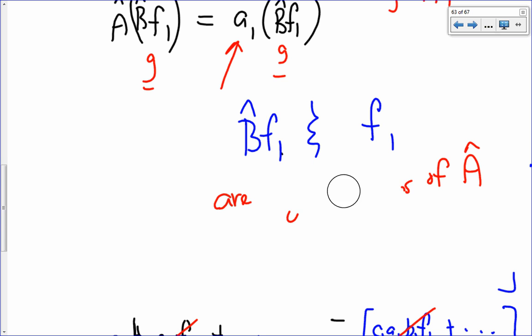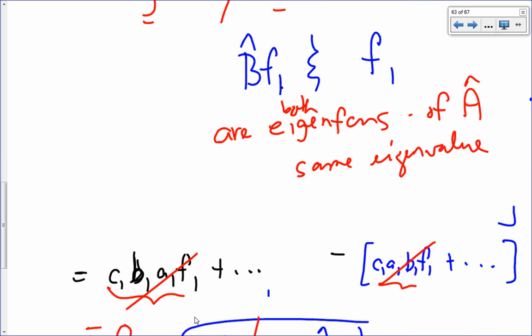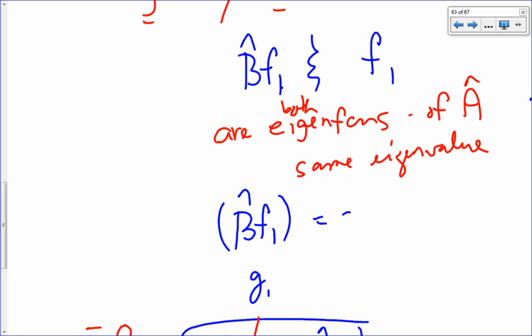Let's just say they're both eigenfunctions of A with the same eigenvalue. But what did we prove last time about Hermitian operators? Non-degenerate eigenfunctions are linearly independent, right? So what that suggests then is that B hat F1, this thing which we call G, is just a constant times F1, right?